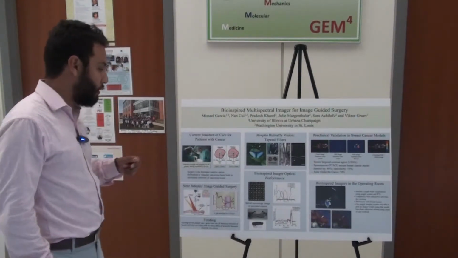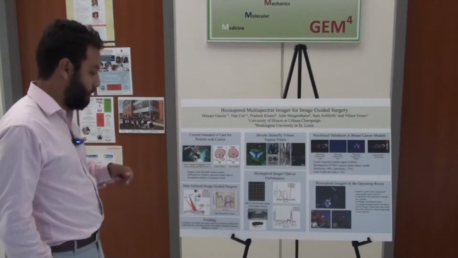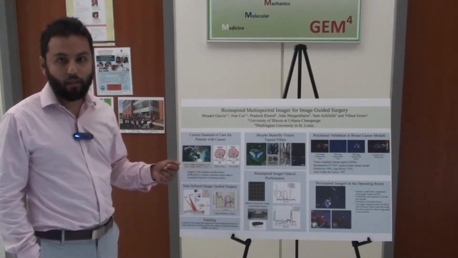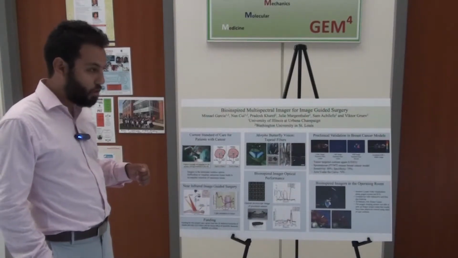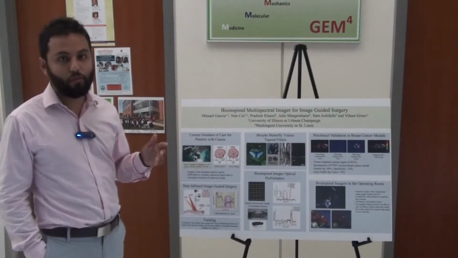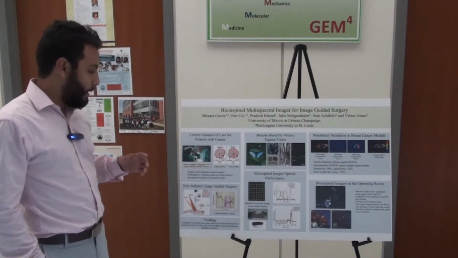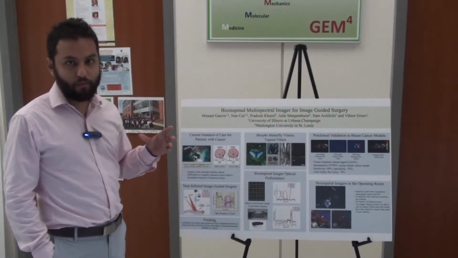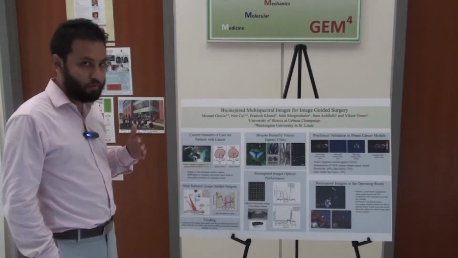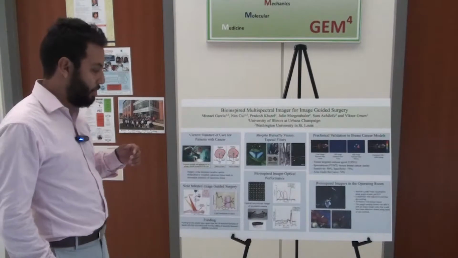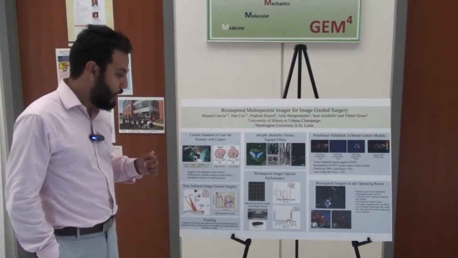One solution to this problem is fluorescence imaging. The idea is that you inject a dye into the patient, and that dye is bioengineered to bind to cancer molecules. This dye fluoresces at a particular wavelength, and you use an excitation light source to excite the dye and see it with some kind of imaging system.